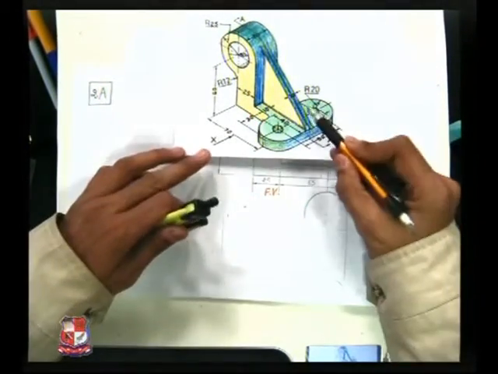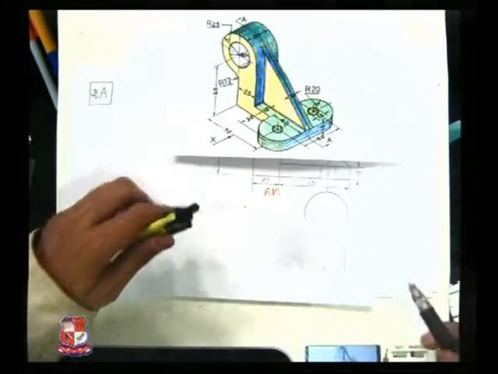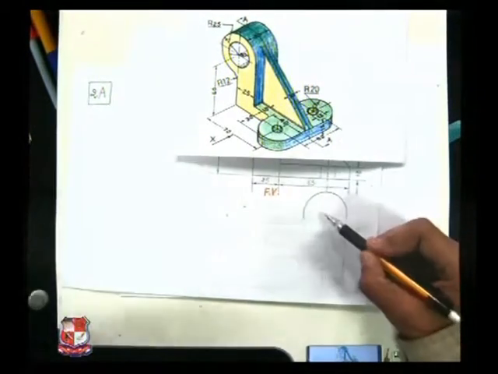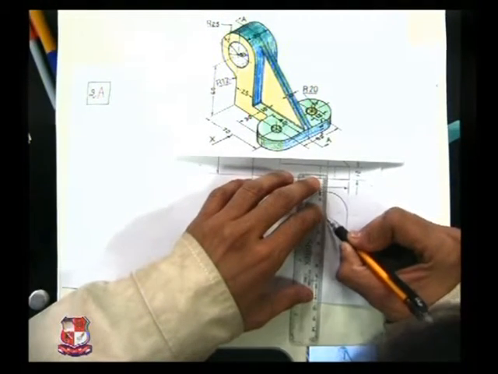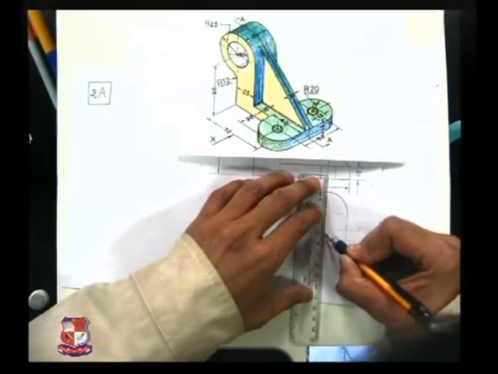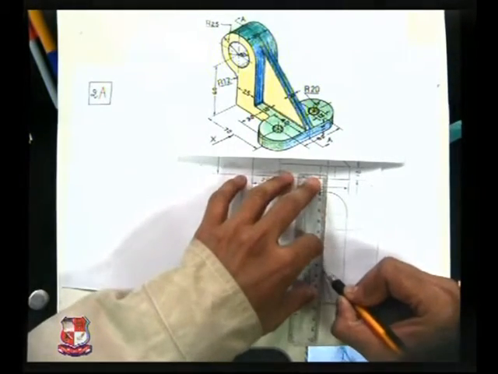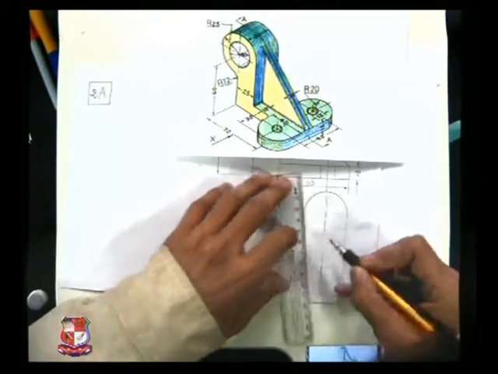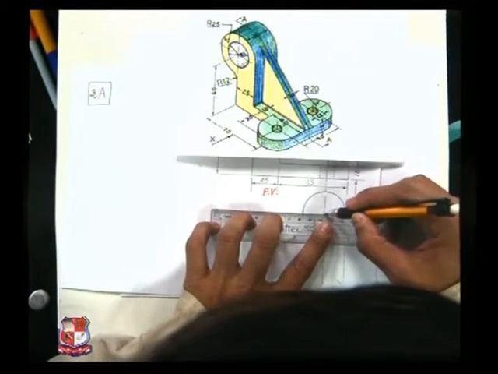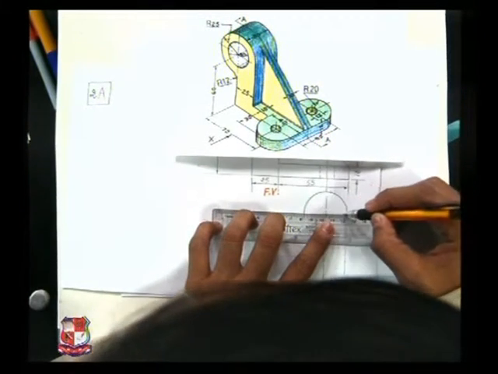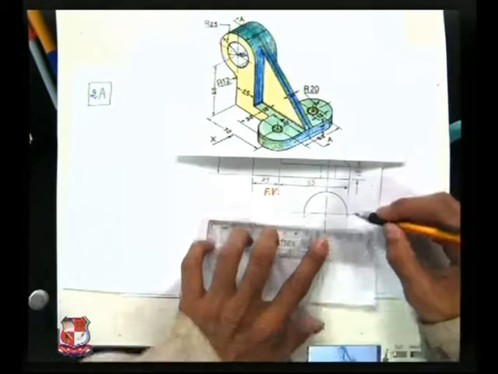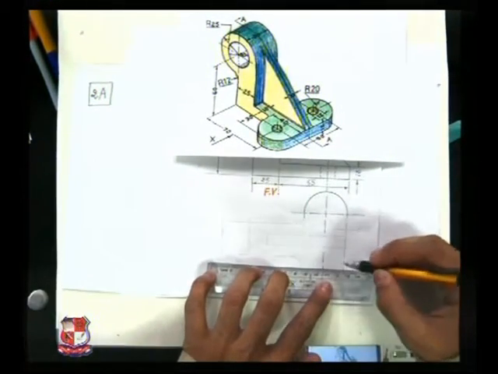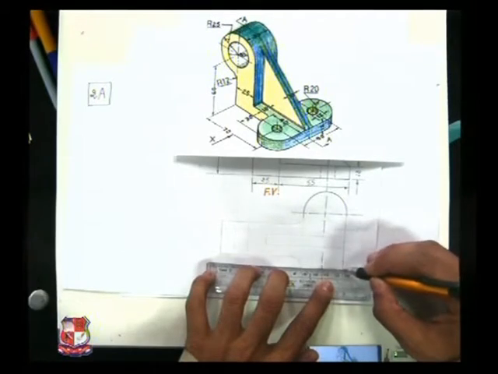So we have drawn this arc, first arc over here, and this is the center point of this arc, which is to be represented by center line like this. Similarly, a horizontal line from this arc, this one, and on this side also the center line of the arc can be mentioned.